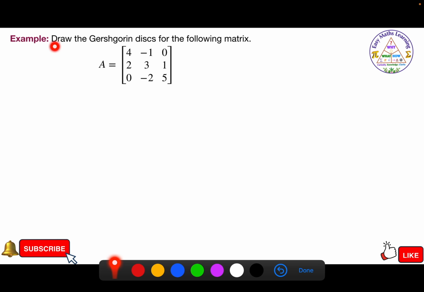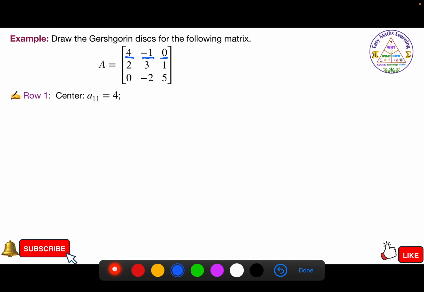Now let us take an example. The example is: draw the Gershgorin disks for the following matrix. We start with the first row. In the first row, this is A11, the diagonal entry, this is the non-diagonal entry A12, and this is A13.